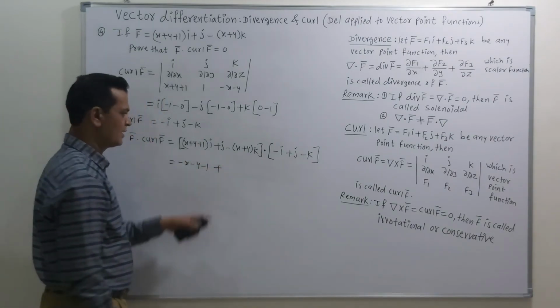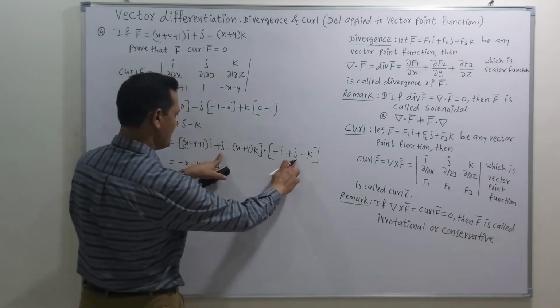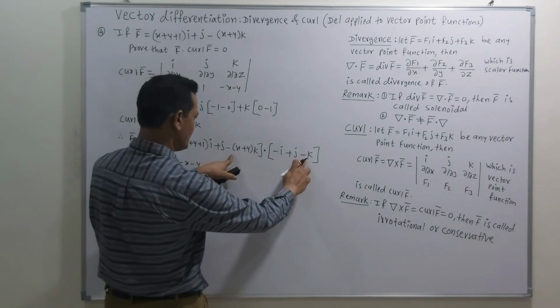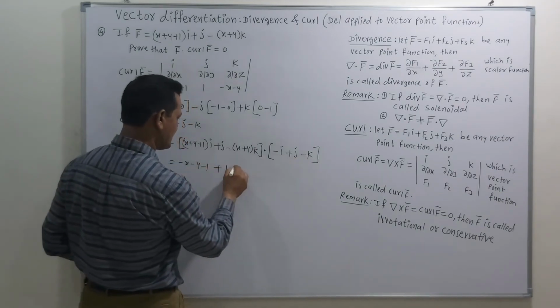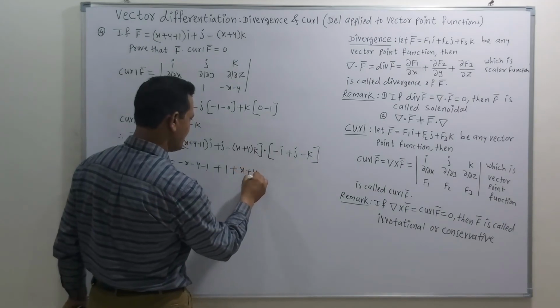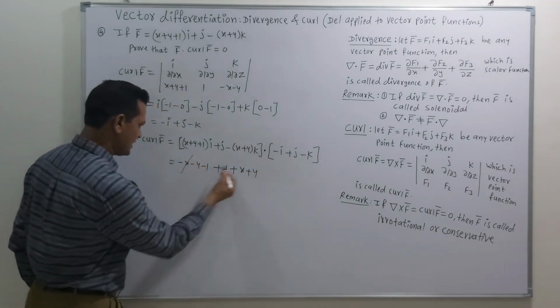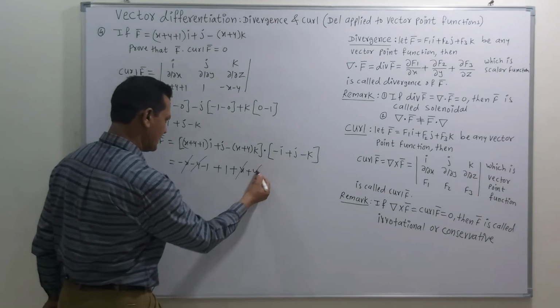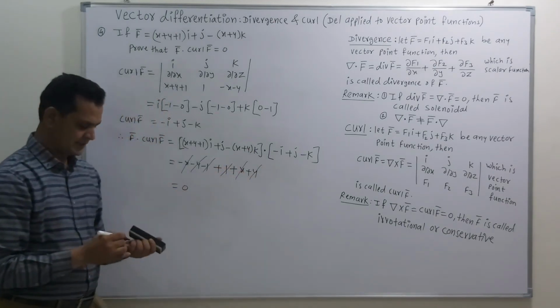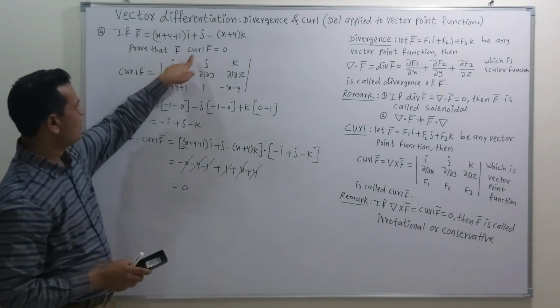Its addition with the j term coefficient product, which is 1 into 1 is 1. Then again the product of these two terms, minus minus becomes plus, and this is x plus y. So then friends, minus x plus x, minus y plus y, minus 1 plus 1 will get cancelled, and finally we reach the answer as 0, which is our requirement.